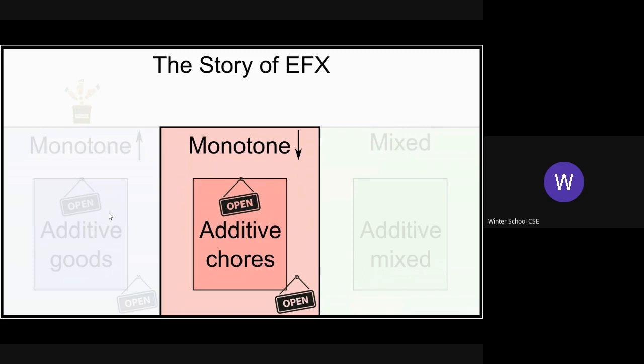I think what you're suggesting is to add offsets. Given a chores instance, let's add a large enough offset so that the matrix becomes positive. The trouble there is that an allocation that is NV-free for goods may no longer be NV-free for chores. Why? Because different people could get different numbers of items. Then the offset for the agent who's getting too many items is multiplied by that many items.